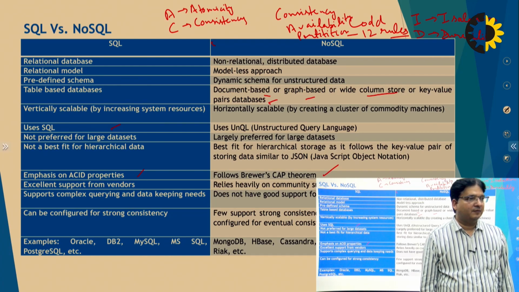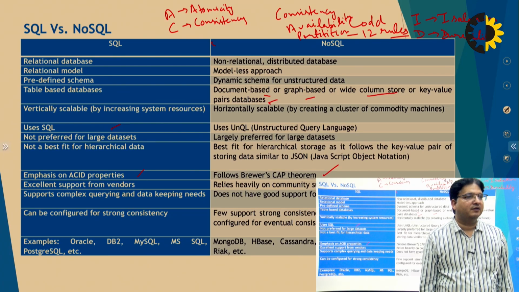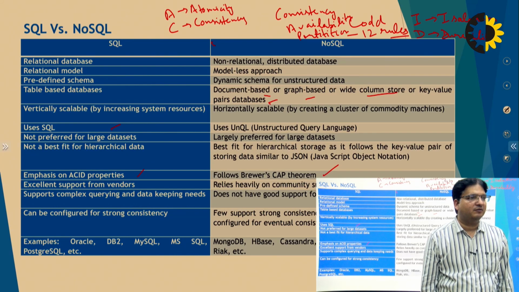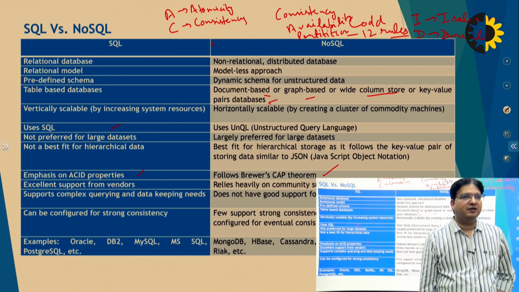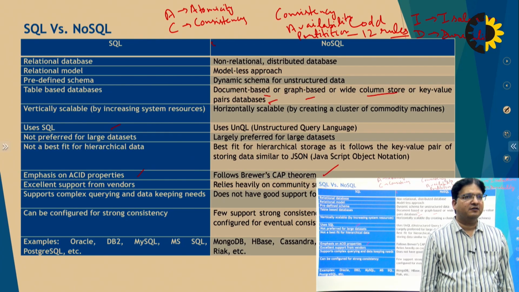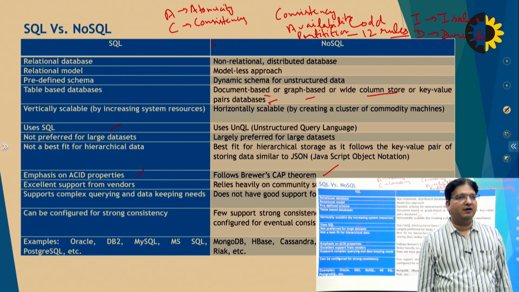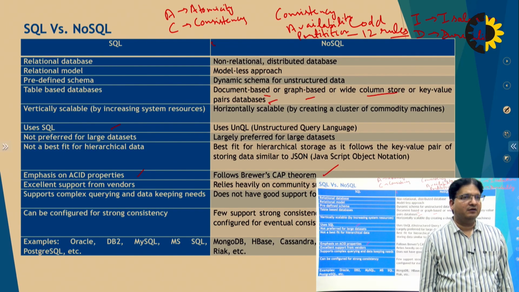Whereas SQL lays emphasis on ACID properties: atomicity, consistency, isolation, and durability. Atomicity ensures that the total should remain constant, and C stands for consistency, which ensures that the state of the database before the transition and after the transition should be correct.